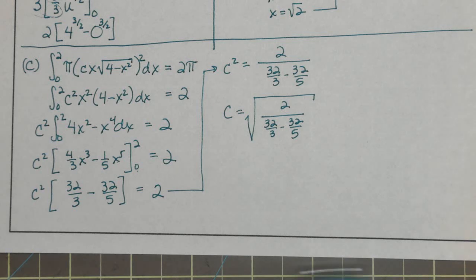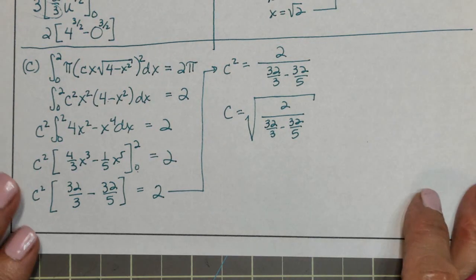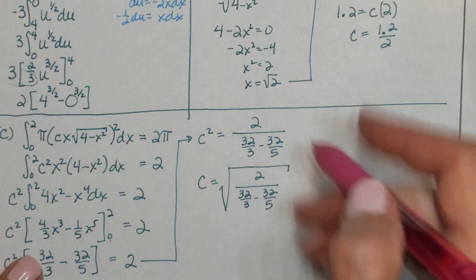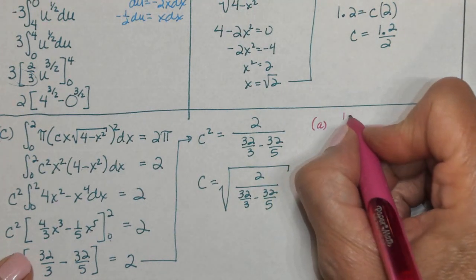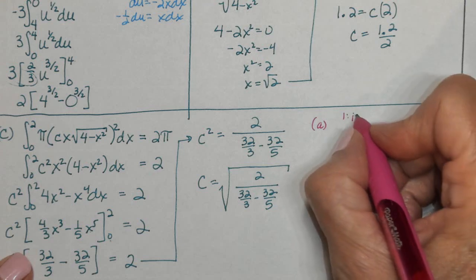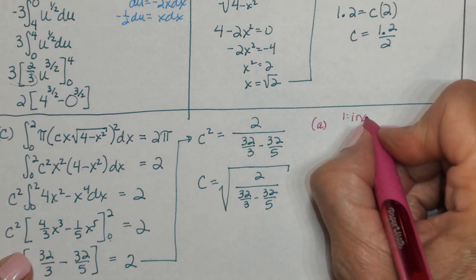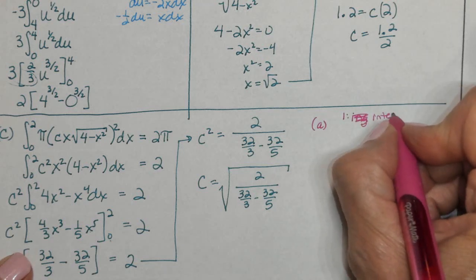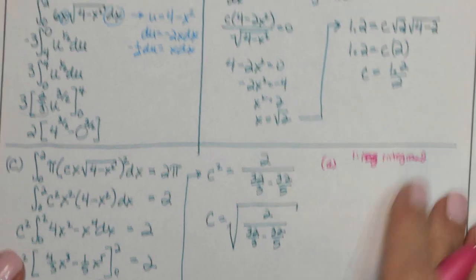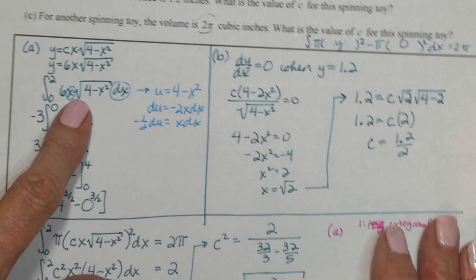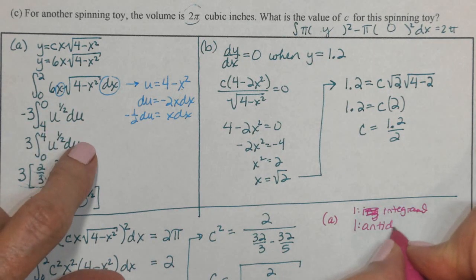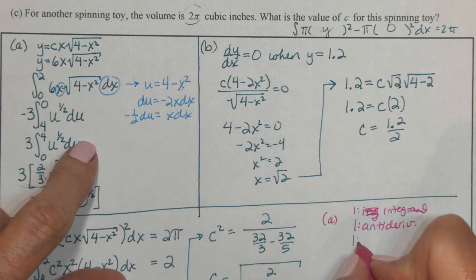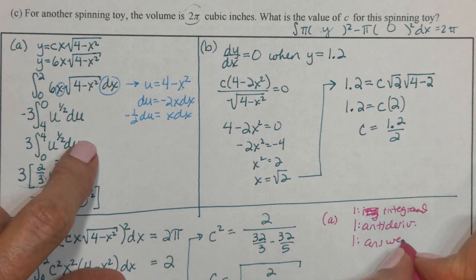Okay. How was this scored? It's a tough problem, huh? Tough problem. How was it scored? Well, for part A, 1 point for the integrand, 1 point for the antiderivative, and 1 point for the answer.